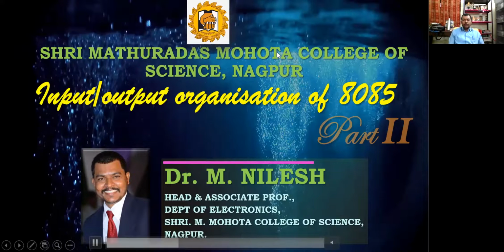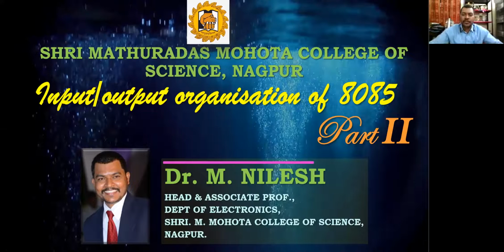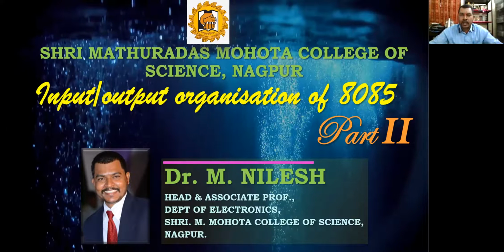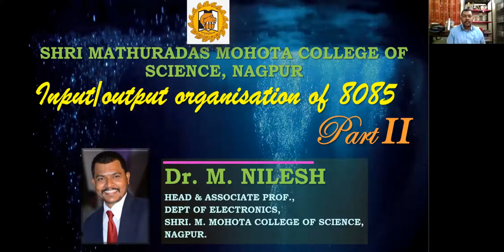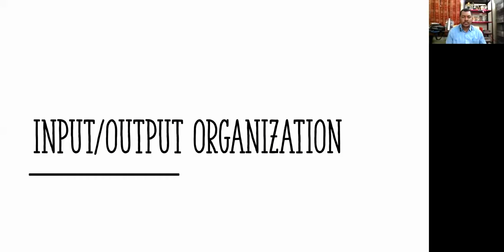Yeah. So today we are going to continue with this input and output organization of 8085 part 2. Yesterday what we have studied, we'll be continuing that. Just for a moment, I am going to repeat what we have studied in the last class. So we were studying about the input and output organizations, right?